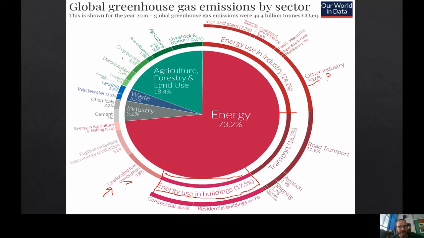Those burning practices make up pretty sizable chunks as well. And then last but not least, we have our landfills and our wastewater, which is basically trash and human poop. And then concrete, cement is about 3%. And then other chemical production is about 2.2%.